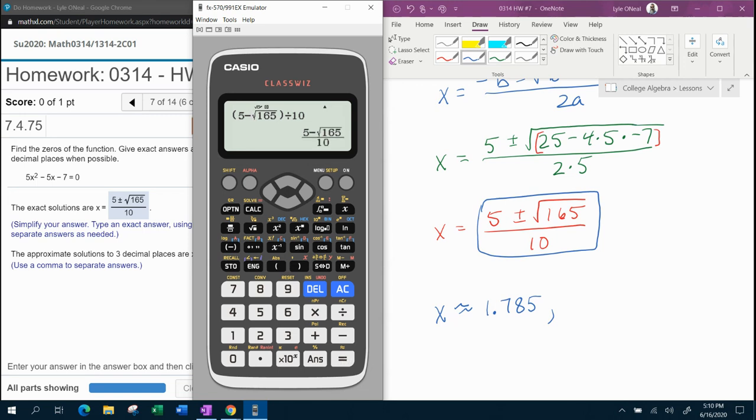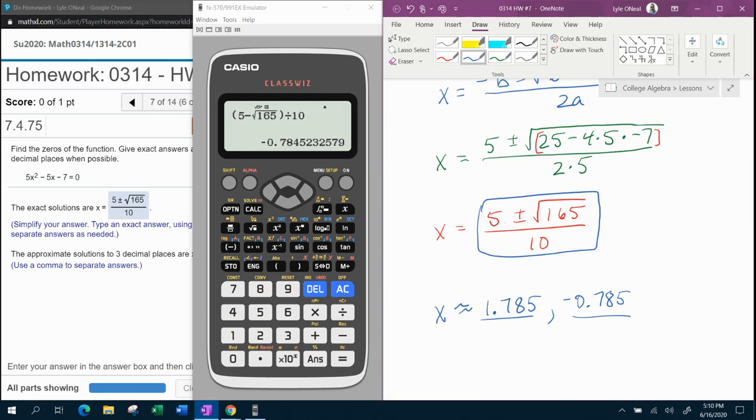Again, the Class Wiz is going to give you the exact answer first, and you have to hit the SD button to get the approximate answer. That's going to be negative 0.78. Again, if you look at the third decimal place, what's right behind that 4? A 5. And that means that 4 is going to have to round up to a 5. And there are your two approximate solutions.